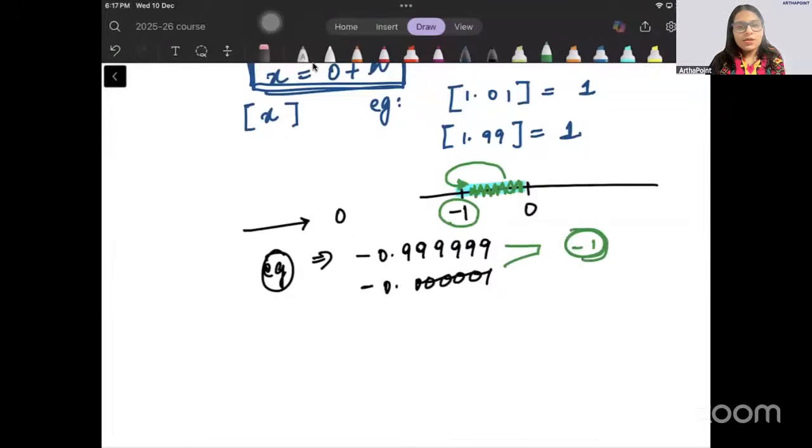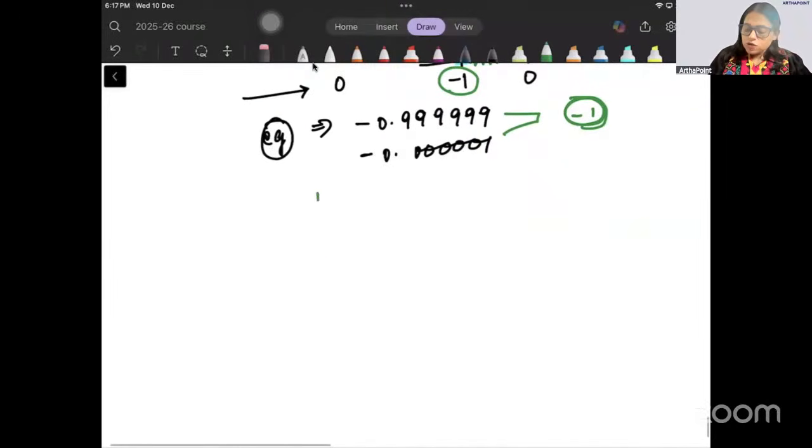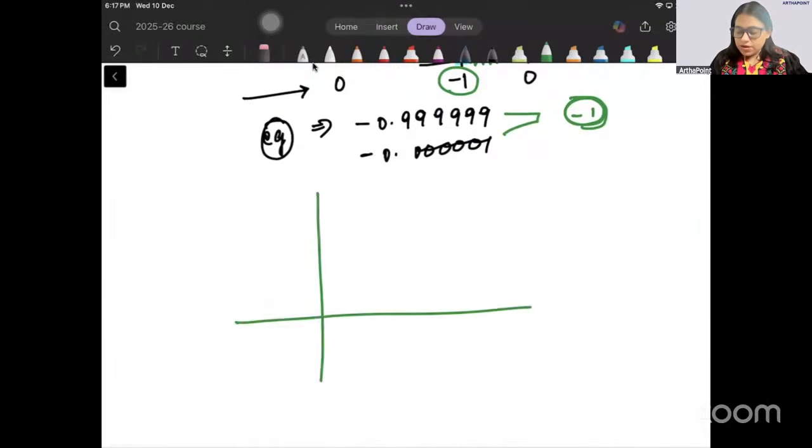That is why these are called step functions. So whenever we have any value between 0 and -1, any number you take here, the answer will be -1. Any number between 0 and 1 you take, answer will be 0.